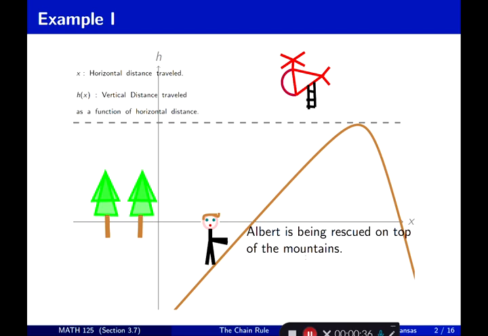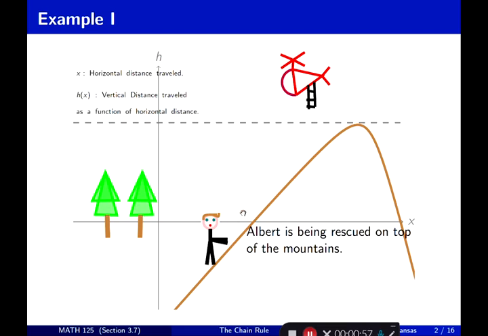Example 1. There's this story. Albert is being rescued on top of the mountains, and a chopper is out there trying to figure out what time they should come down to drop the ladder and get Albert.